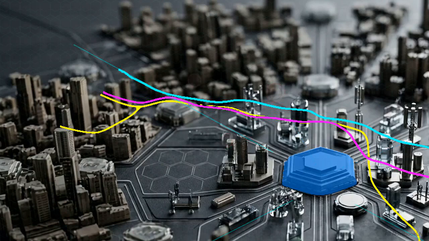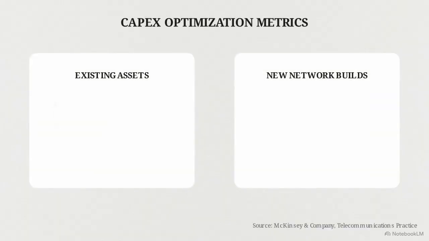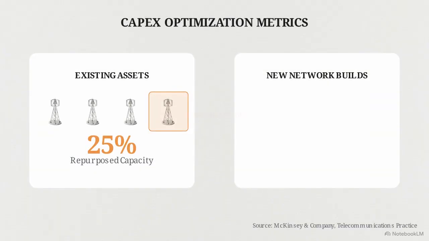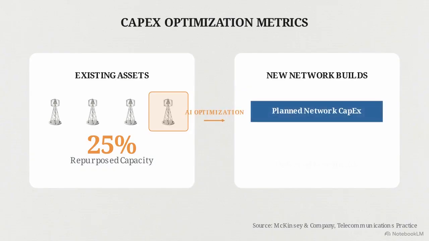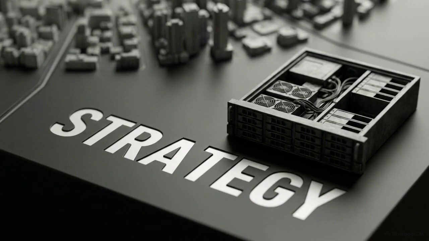Let's look closely at the CapEx domain. At its core, capital optimization is a spatial problem. Every new cell site represents a massive upfront cost. Instead of guessing where new towers should go, AI-powered digital twin technology simulates hundreds of configuration scenarios. These models ingest traffic forecasts, demographic trends, and capacity constraints to test outcomes before physical deployment.